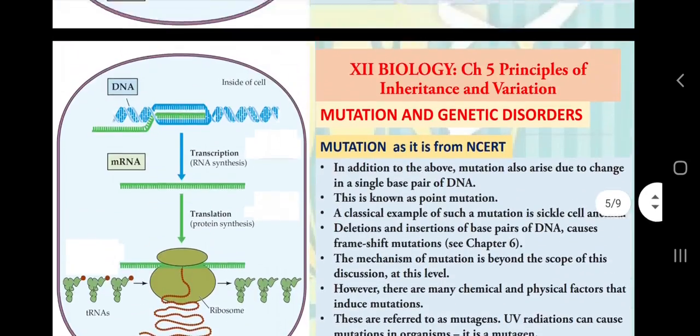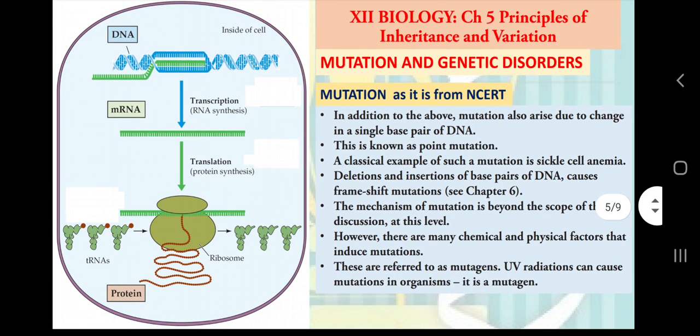Now, in addition to the above, mutation also arises due to a change in a single base pair of DNA. So what I am talking about is, firstly, if you change one single base pair, for example A, T, C and G, these are the basic base pairs or bases or nucleotides, and the sequence is like A, C, C, C, C, A, T, G, A, C, anything can happen in the sequence because there are so many nucleotides.